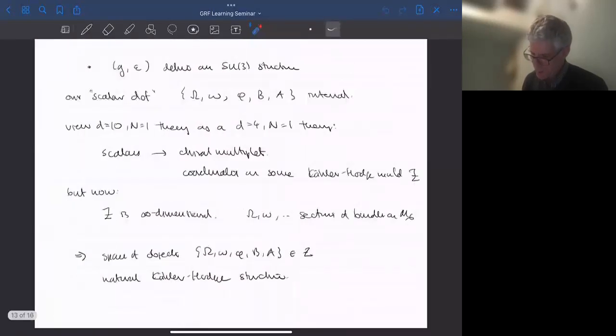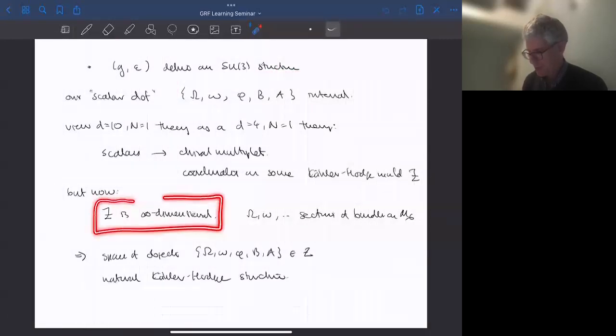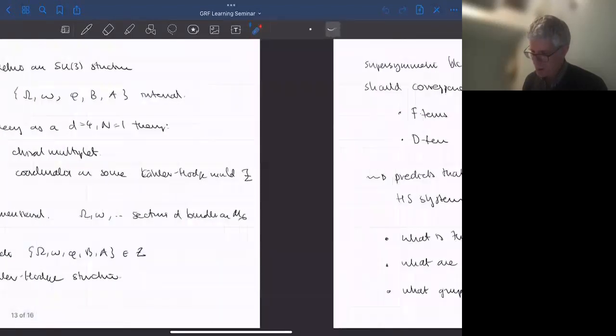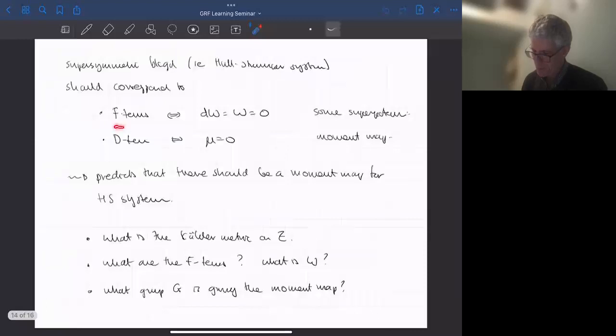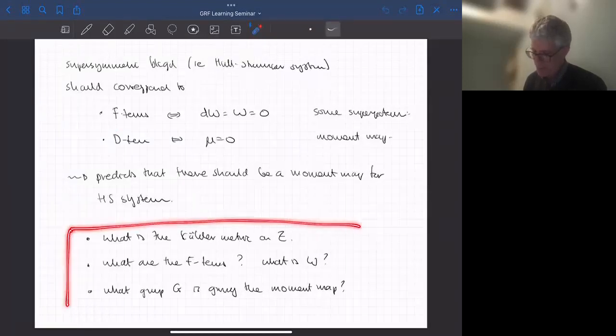So that's what I tried to write here. And then those supersymmetry conditions should correspond to some moment map and some kind of extremizing some superpotential. So the question we're left with is how does that actually happen?